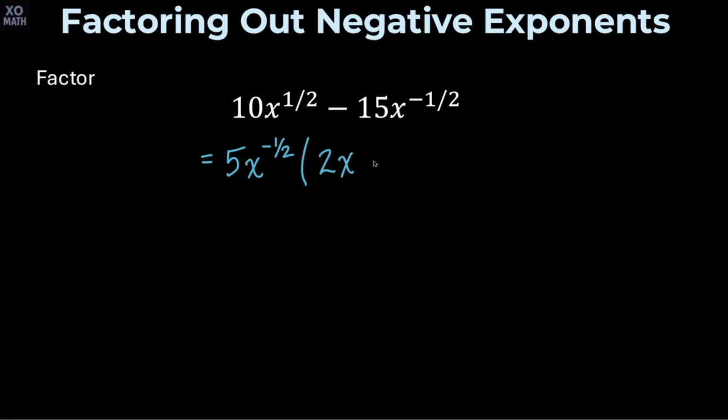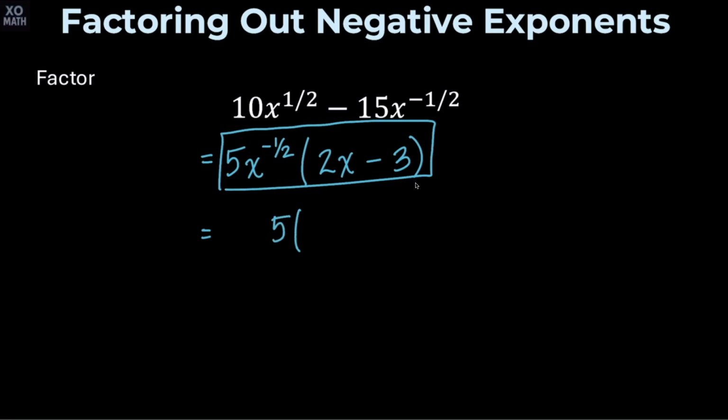And then minus 3, because 5 divides into 15 3 times, and it was subtracting, so minus 3, and we took out x to the negative 1/2. So this is my factorization. One more time, let's go ahead and bring x to the negative 1/2 to the other side of the fraction bar. So we get 5 times the quantity 2x minus 3 all over x to the 1/2.